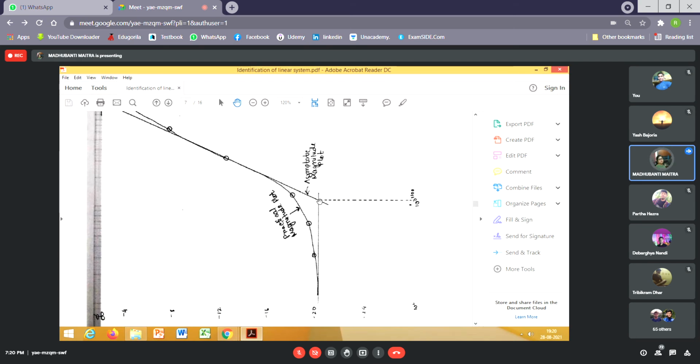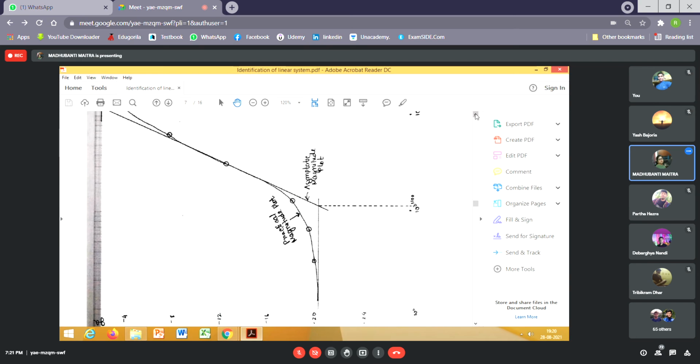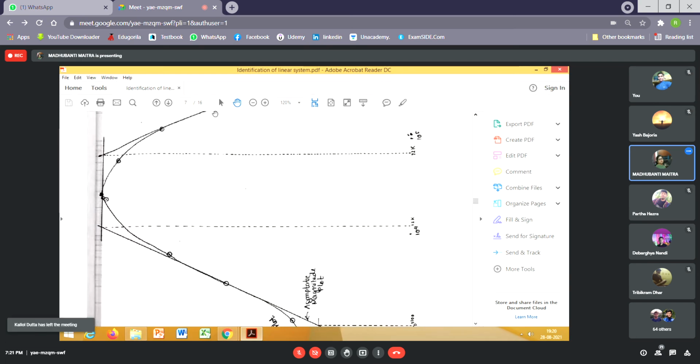So this point is identified as a corner frequency, and since the slope is increasing, at this point we'll be getting a zero of the system. An open loop zero will be present at this particular point. That's why it's called a corner point. Similarly, at this particular frequency, you see again the slope is changing from plus 20 dB per decade to 0.